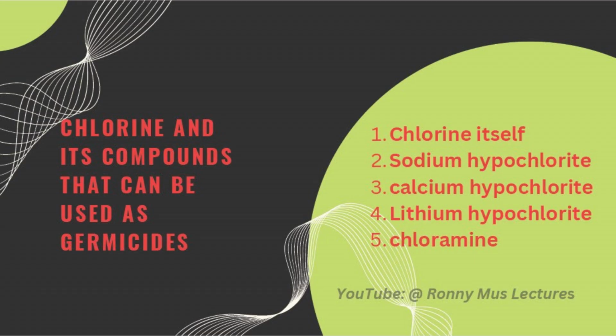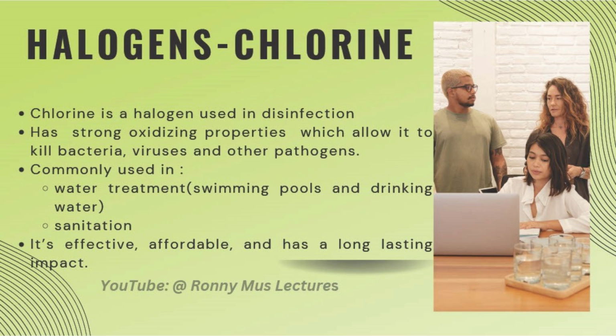Under chlorine and its related compounds that are used as germicides, we look at chlorine itself, sodium hypochlorite, calcium hypochlorite, lithium hypochlorite, and chloramine. So chlorine is a halogen that is used in disinfection.